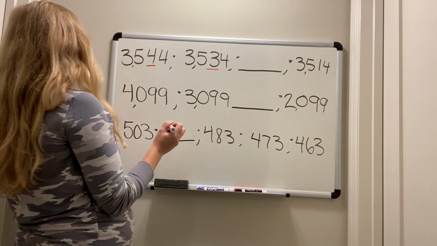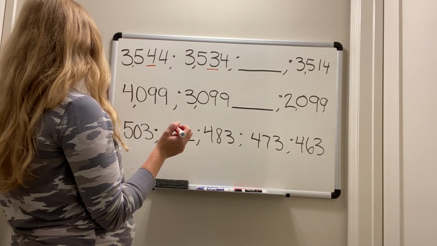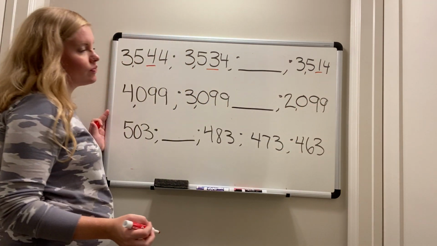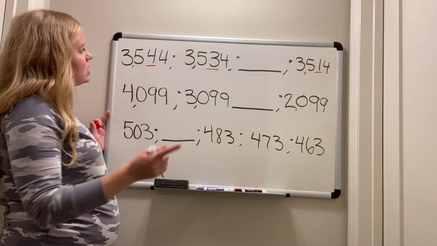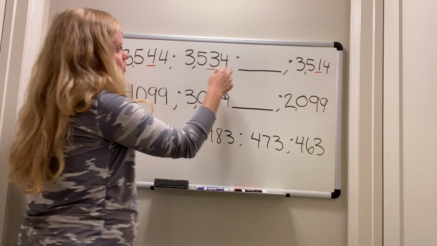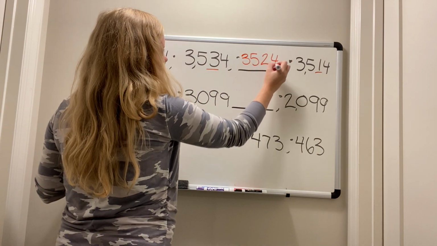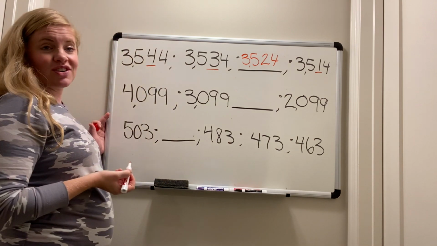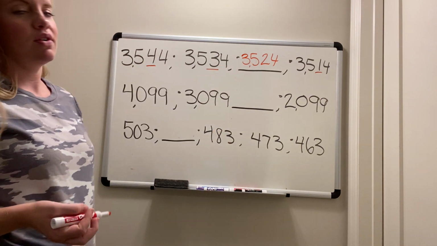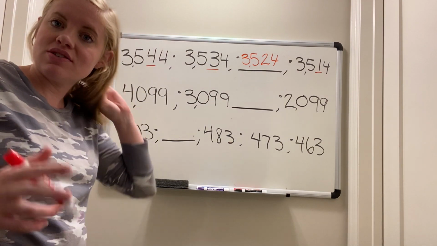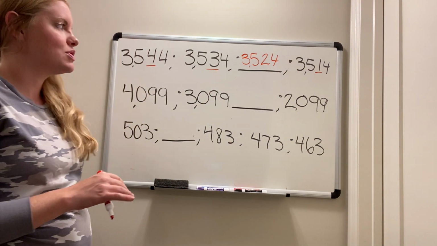Now, are these numbers getting smaller or bigger? Smaller. That's right. So we go from 44, 34 to 24. Okay, if you got that as your answer, if you got 3,524, give yourself a pat on the back. If you did not get that as your answer, still give yourself a pat on the back for trying.